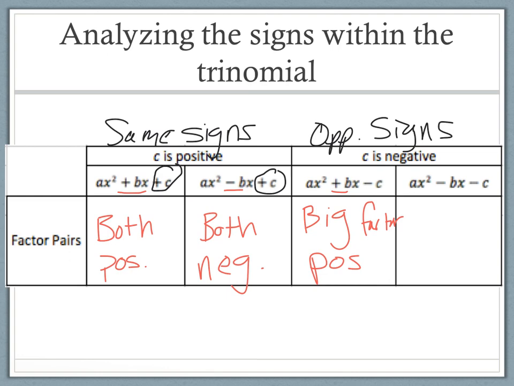For this next one, if b is negative, then our big factor or our larger factor is going to be negative. That's kind of one way to think about it. This might help. If not, we can always just look at the signs and think about number sense. So go ahead and jot this down.